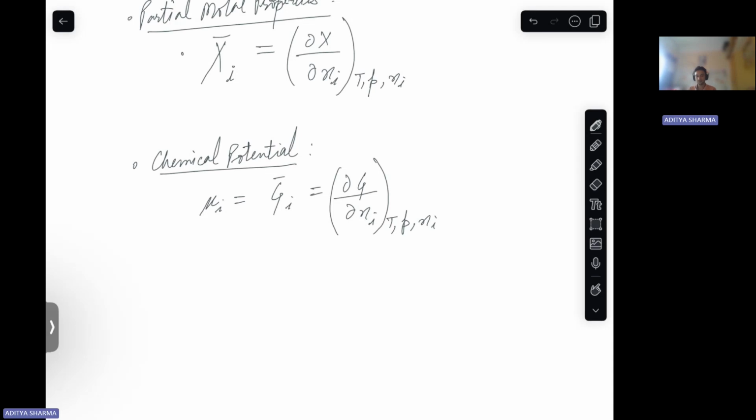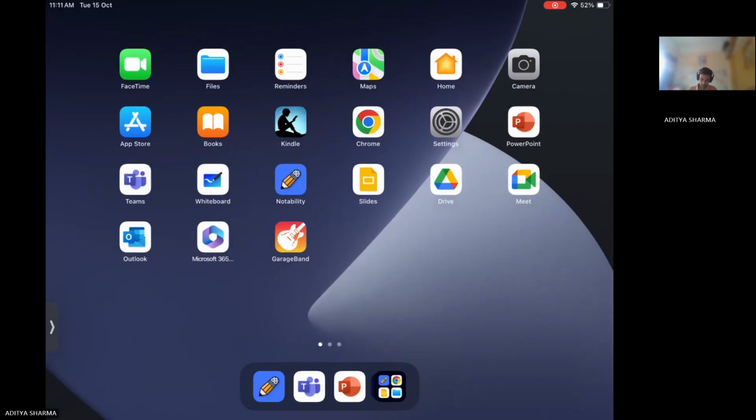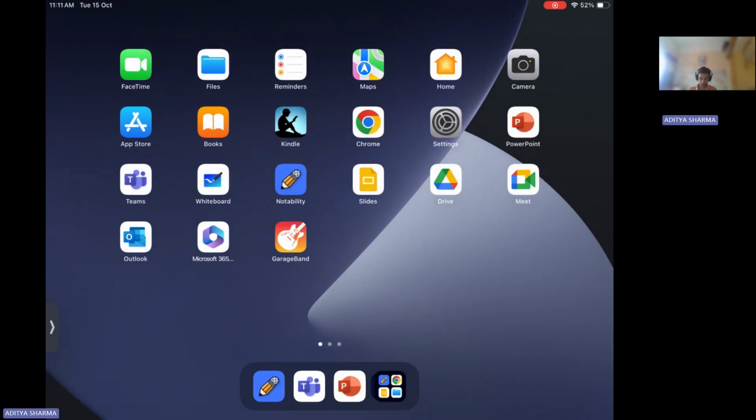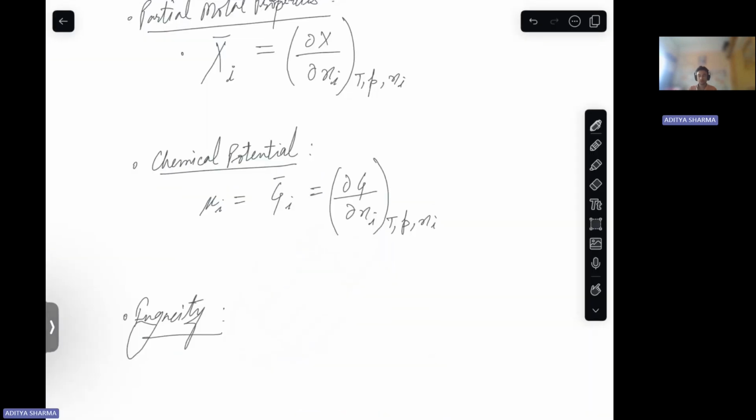Then after that, we have fugacity. So what is the need to define fugacity? The way in which fugacity has been defined, it plays the same role as pressure, but there is one difference.